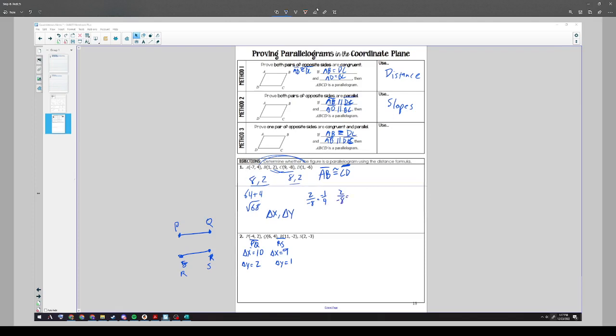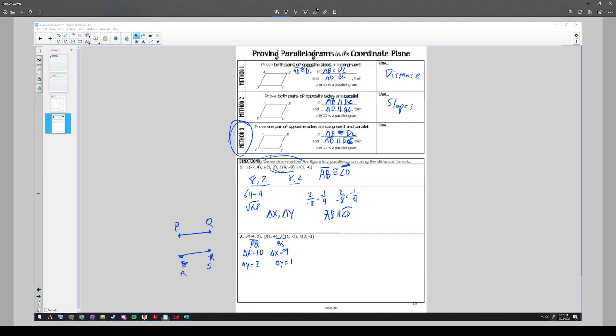Simplifying just means I have to simplify twice, so I could have just left it as the unsimplified fraction. But this shows that these two have the same slope. So now we have AB is parallel to CD, and we've used method 3 in order to show that this opposite side is both congruent and parallel.